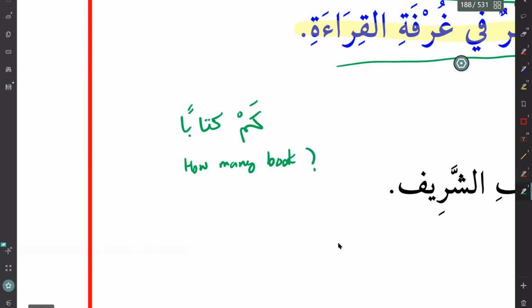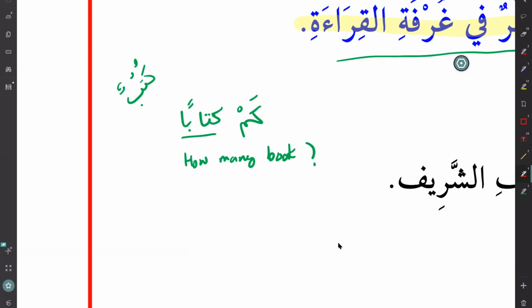Yes, but we're using kitab. Kitab is singular. The plural is kutub, but we're not saying kutub, we're saying kitab. That's number one. Number two is we have to make the word mansub, which means that we have to put fatha. So we have to say kam kitaban. We cannot say kam kitabun, right? We have to say kam kitaban. That is our basic rule.